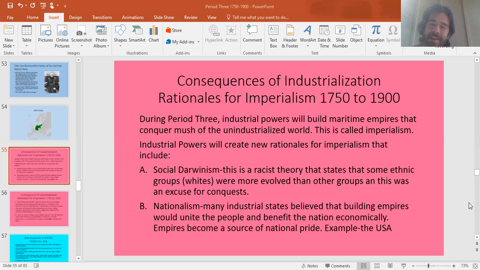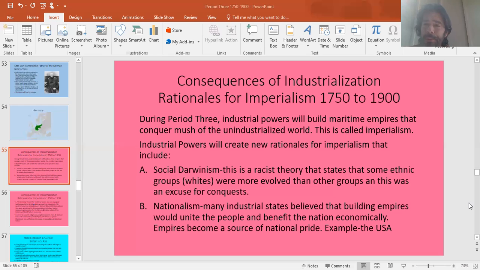In the United States, our racist ideology to justify imperialism is going to be a little bit different. It's going to be something called manifest destiny. And later on this unit, I've got a whole day about manifest destiny. But basically, it says that, hey, we have the right to conquer people in the Americas because they're not white, they're not Christian, and this is something that we have a moral justification to, and we use this to justify taking all the land of the Native Americans and attacking our weaker neighbor to the south, Mexico, and taking over 1/3 of their national territory in this unit.